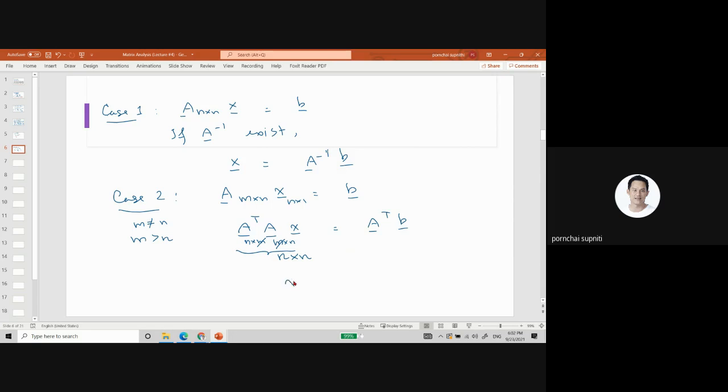So then we can do x is equal to (A transpose A) inverse multiplied with A transpose, and multiplied with b. So that's what we do. In such a case, a solution exists if A transpose multiplied with A has an inverse.